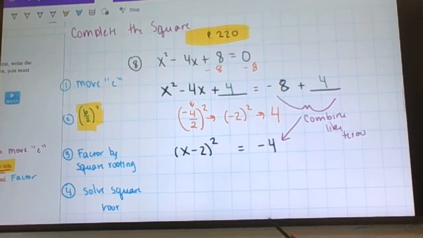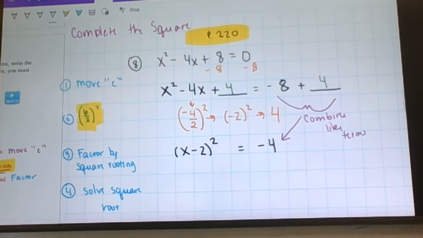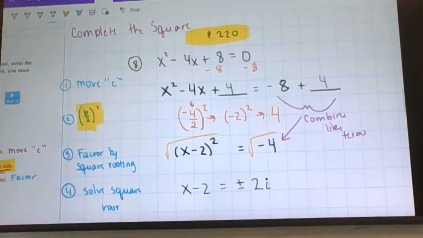So now we'll square root. Solve by square rooting. Big square root, big square root. Be really careful about negatives. Don't write a negative 2. The square root of negative 4 is 2i.